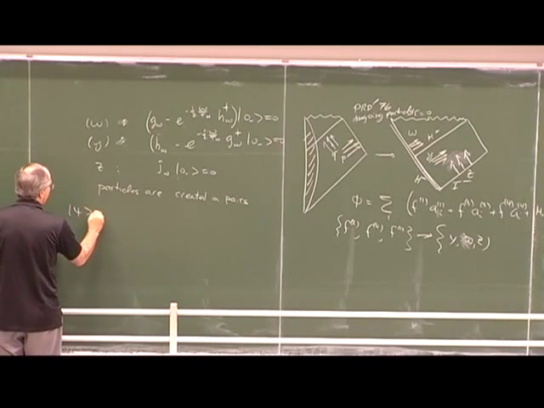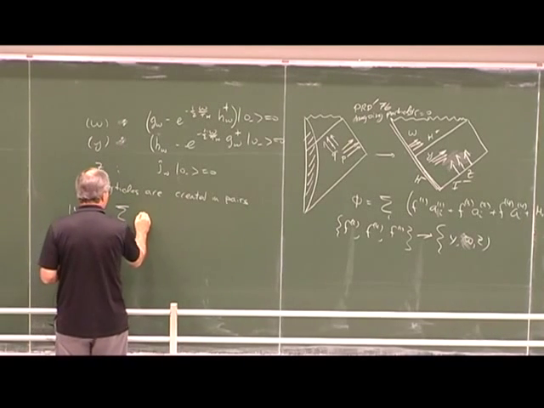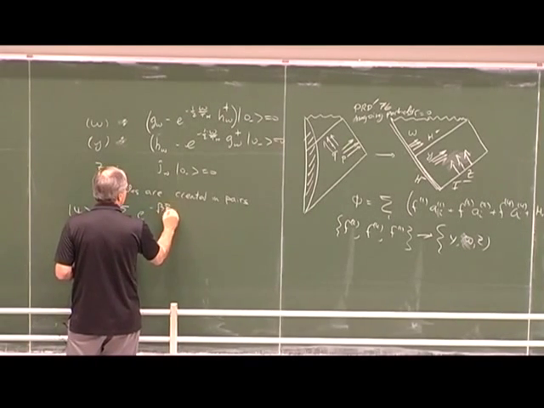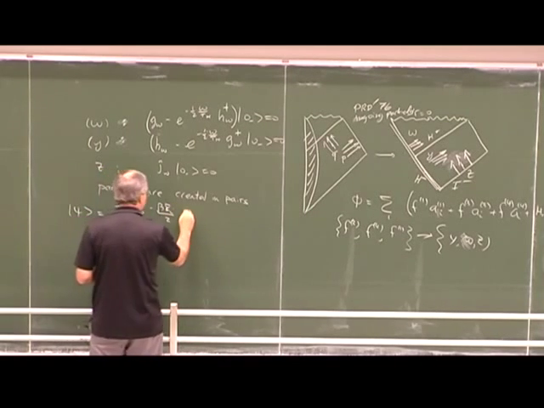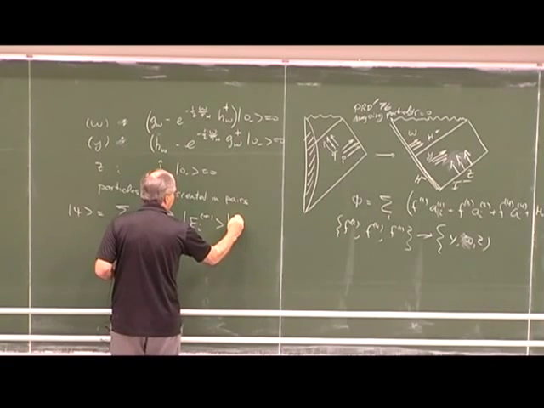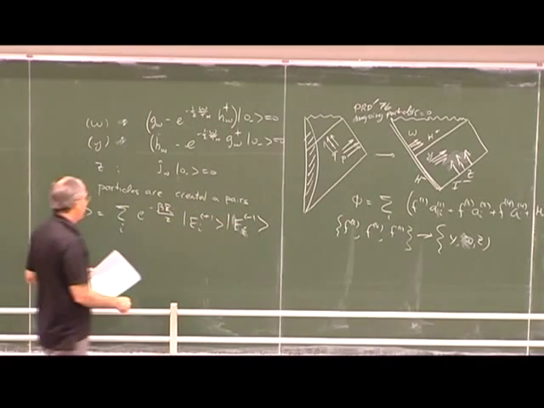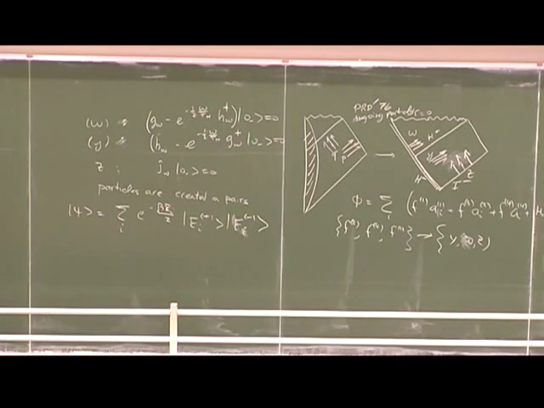So in this case, I'm not showing it, but Hawking actually showed it, that the state that is created is a thermofield double state that we have seen before. So the plus and the minus now replace the 1 and 2 that we had in the thermofield double.